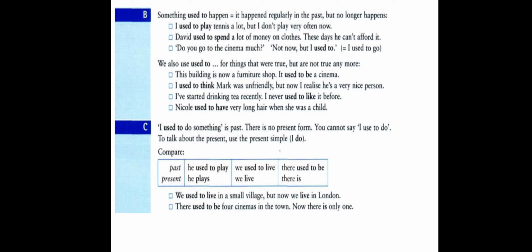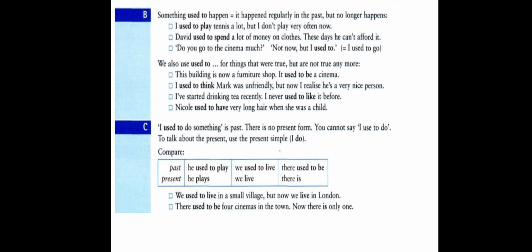So we say I used to plus the base form think. Mark was unfriendly, but now I realize he is a very nice person. Now I realize that he is different. So the situation or the case was in the past, but no longer there now. So we can use used to plus the base form.